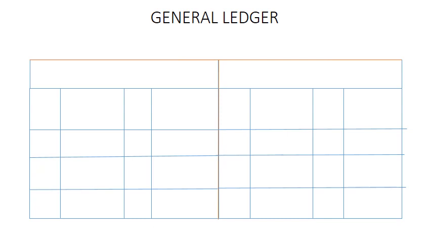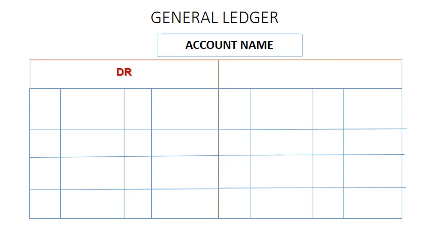Now the following details will appear for every account in the ledger. The name of the account, the left-hand side representing the debit side, while the right-hand side will be the credit. Then the first columns will be used to write the dates, then followed by the details.